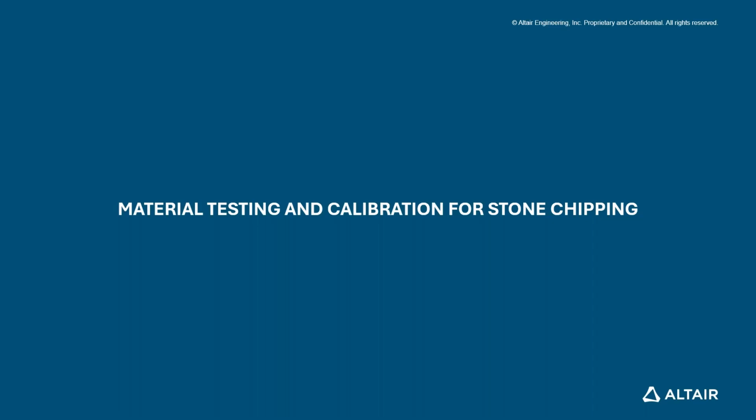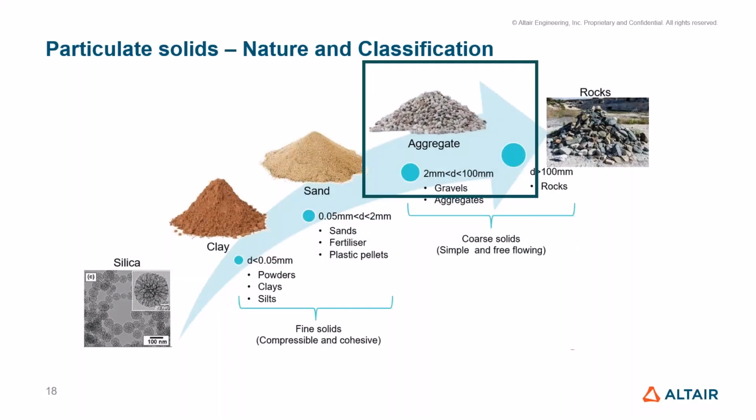Before going to the actual application, the key step is material testing and calibration for stone chipping. We will see what kind of materials to use and what kind of calibration to perform before going into the actual application. First, the classification of the solid material: the particulate material we are choosing is gravel, as I mentioned earlier.